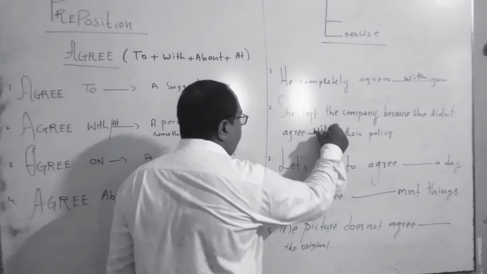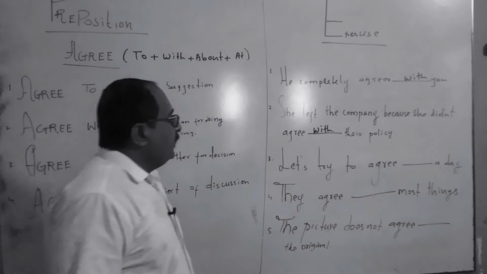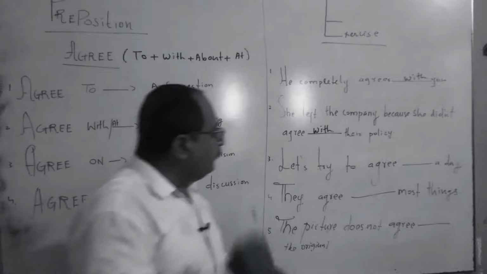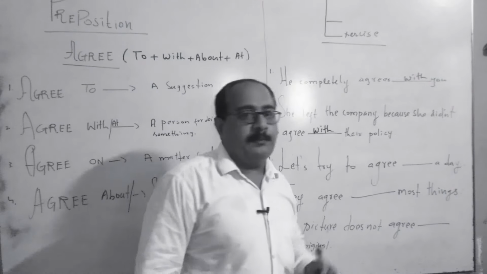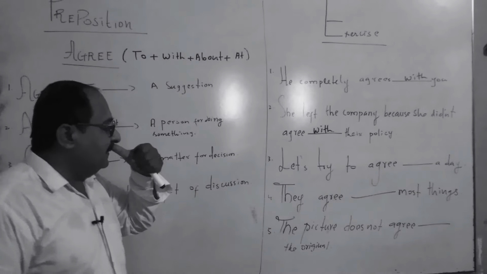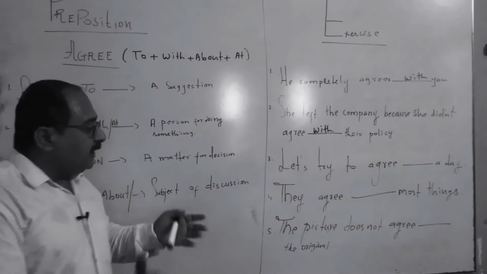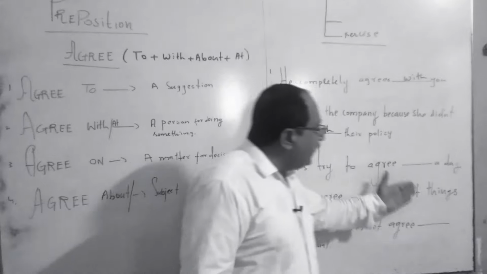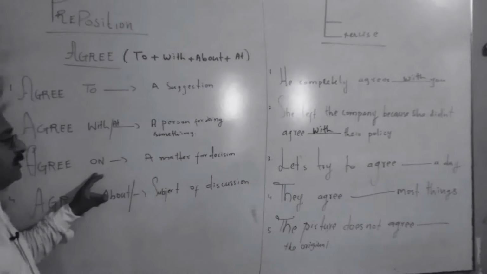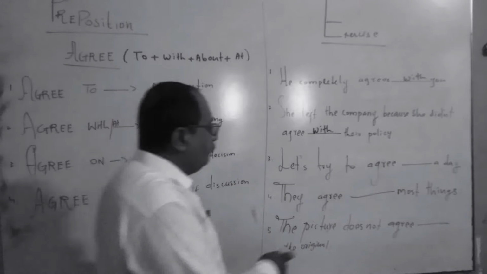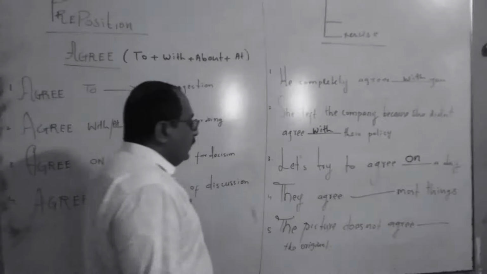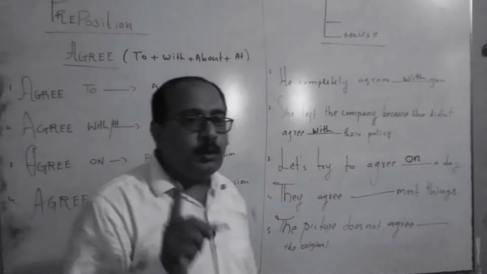She left the company because she did not agree with their policy. So there again is the sense of the person. Number three: let's try to agree dash a day. What does a day show here? On is appropriate. So the appropriate word here would be on. Let's try to agree on a day.